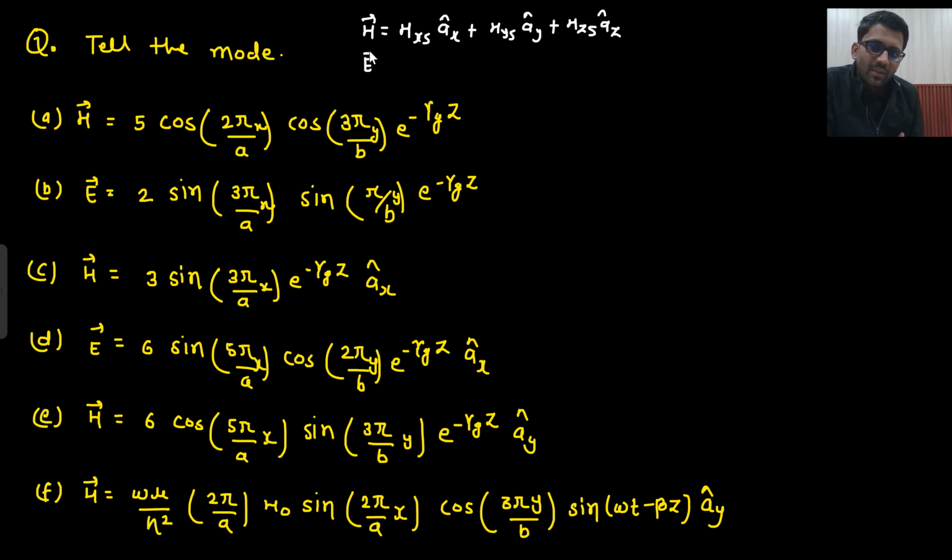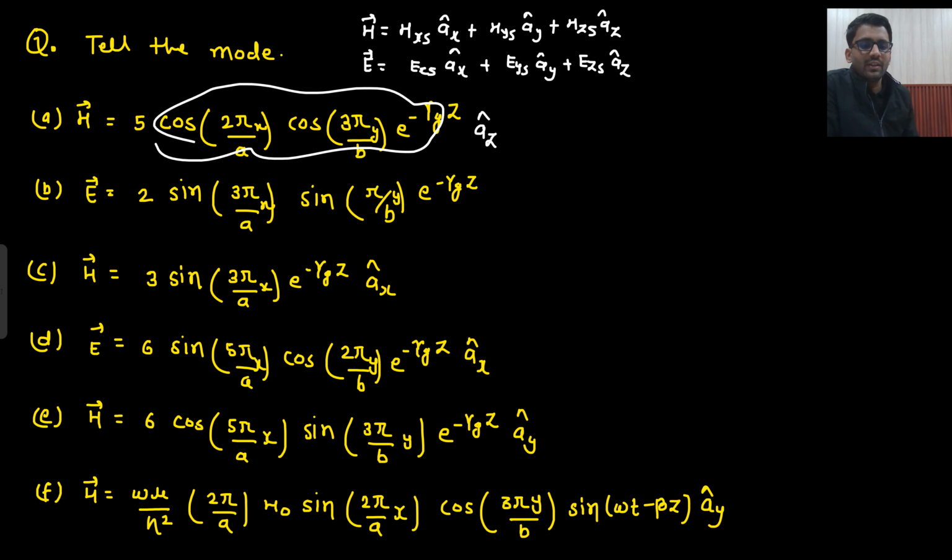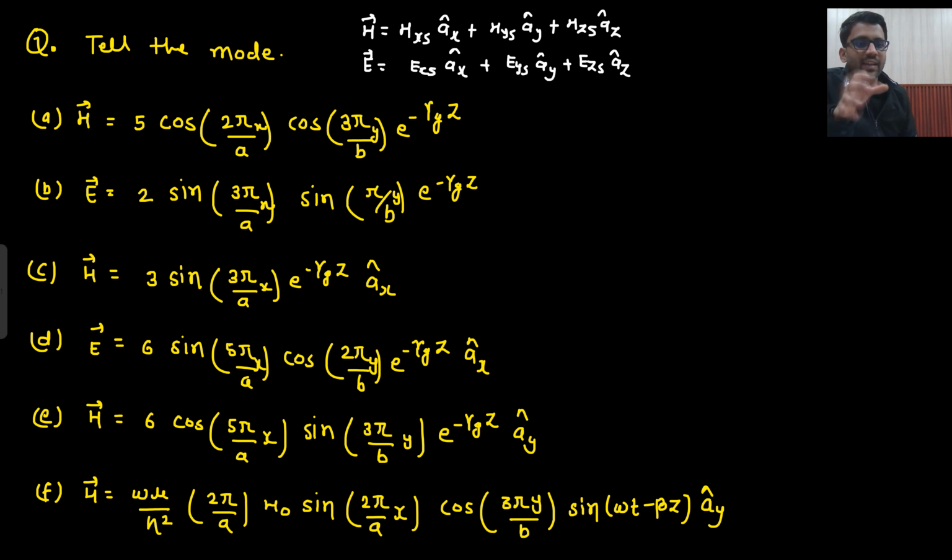And in a similar manner, your electric field will be exs ax cap plus eys ay cap plus ezs az cap, and all three components will be non-zero. Now here if I had written az cap, then you would know that it is hz only, but I did not write az cap here.